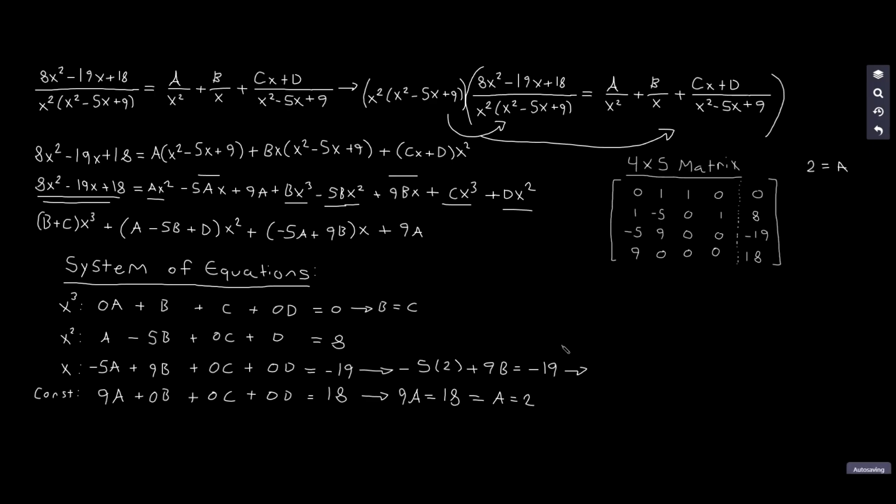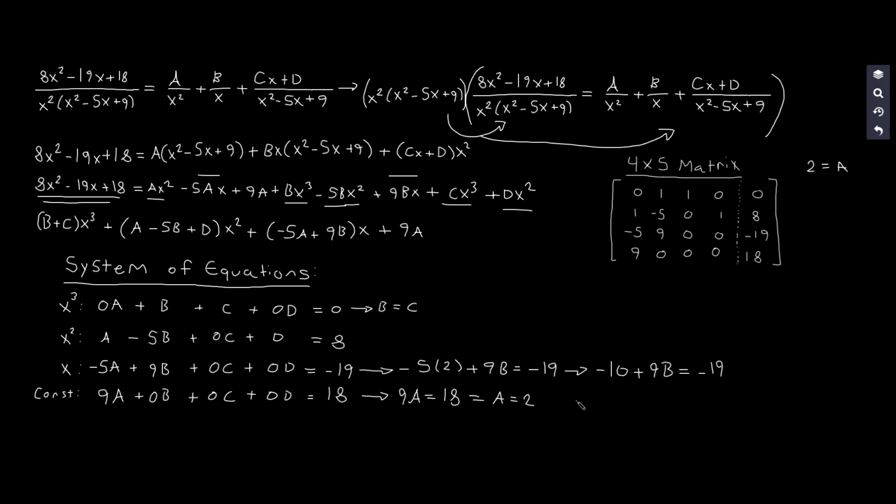We could simplify this further. Negative 5 times 2 is going to be negative 10 plus 9b equals negative 19.